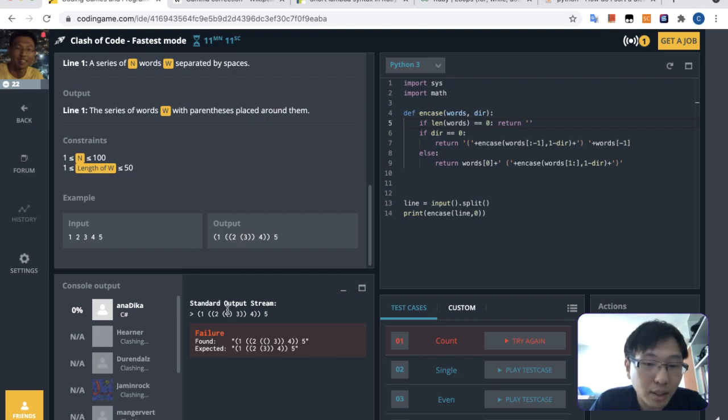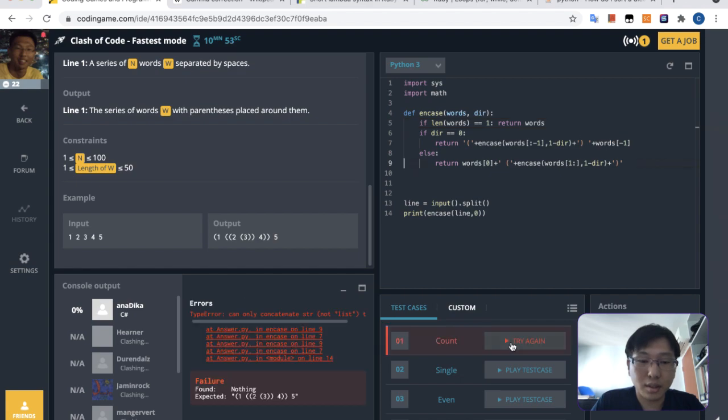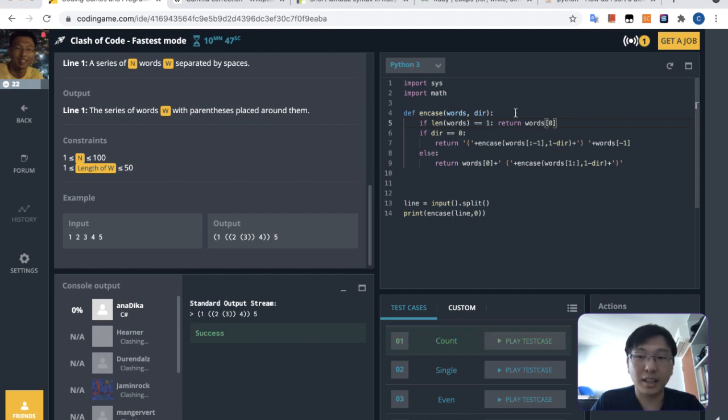So it turns out that there's this extra bracket here that need not be done. So maybe if the length of words is 1, then I can just return the word itself. If not, I encase at the front or I encase at the back.